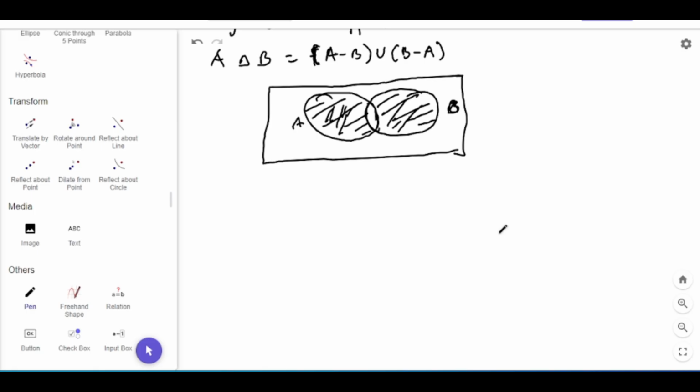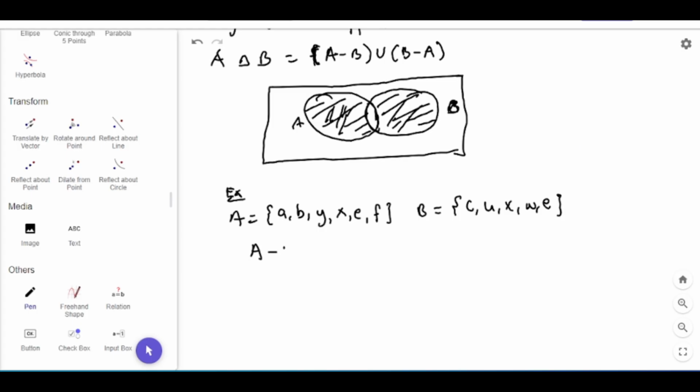Using our previous example, we were given A equal to A, B, Y, X, E, F, and set B equal to C, U, X, W, E. We went ahead and got A minus B, elements in A that are not in B: A, B, Y, F. We then had B minus A, elements in B that are not in A: C, W, U.